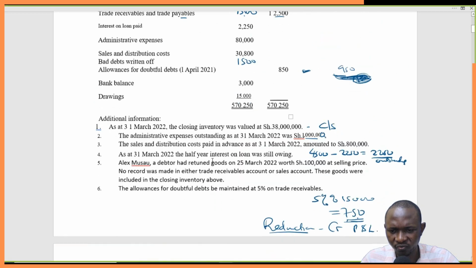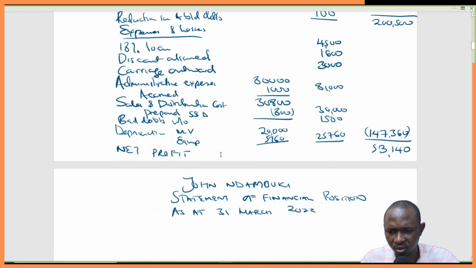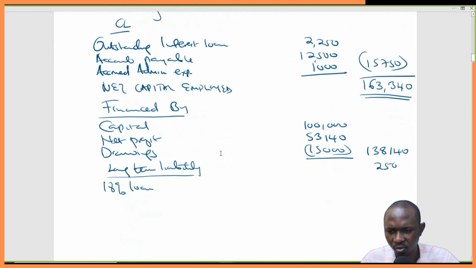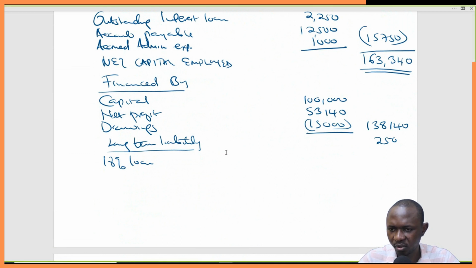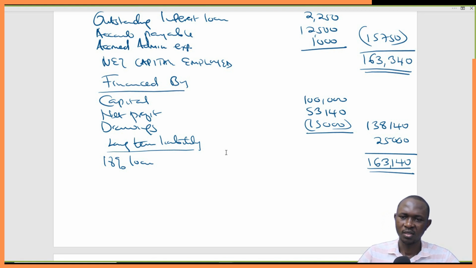Long-term loan 25,000. So we simply put the 25,000 like that. Then we add. This gives us 163,140. Wow. There's a small difference of 200 shillings.